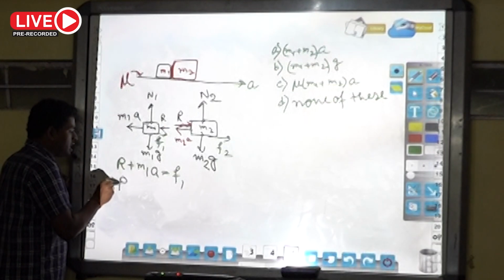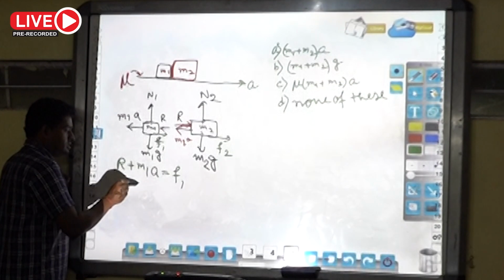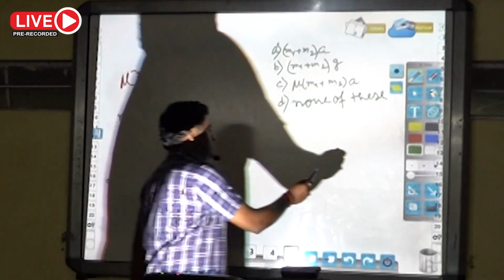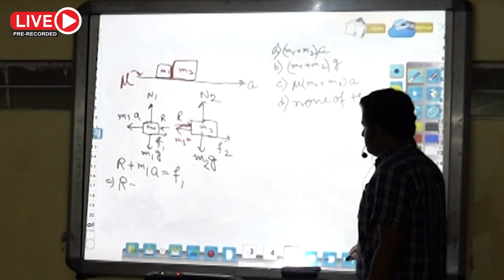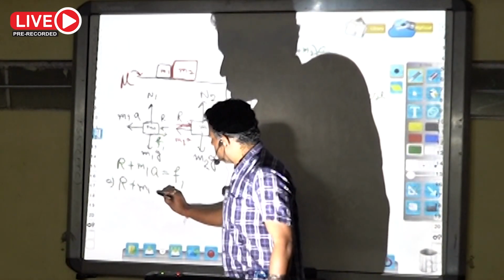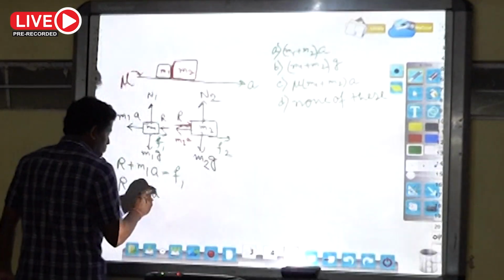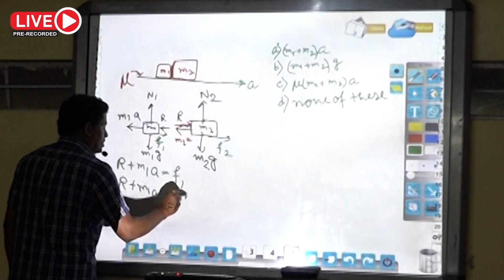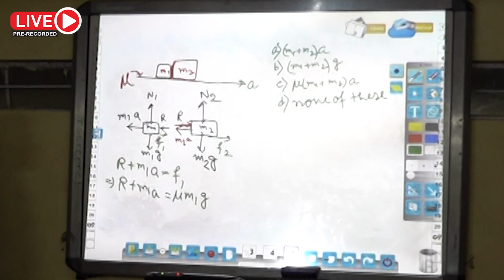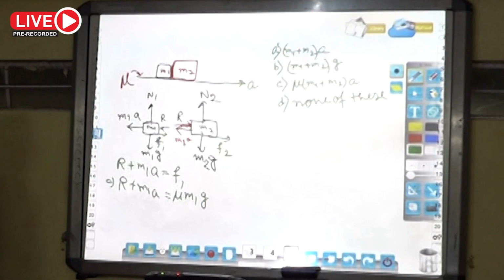Finally we can write R plus m1a equal to mu m1g.